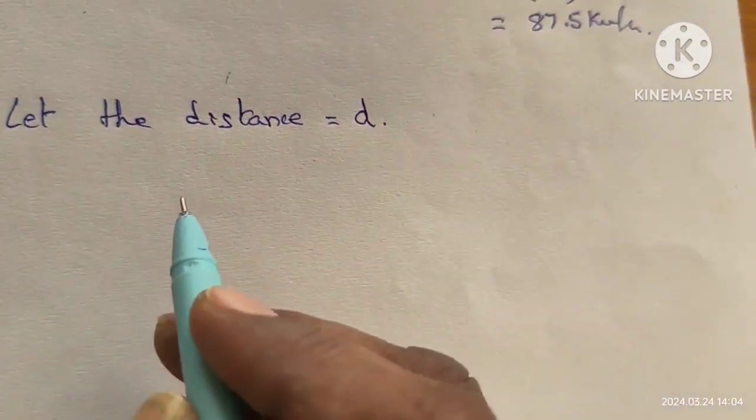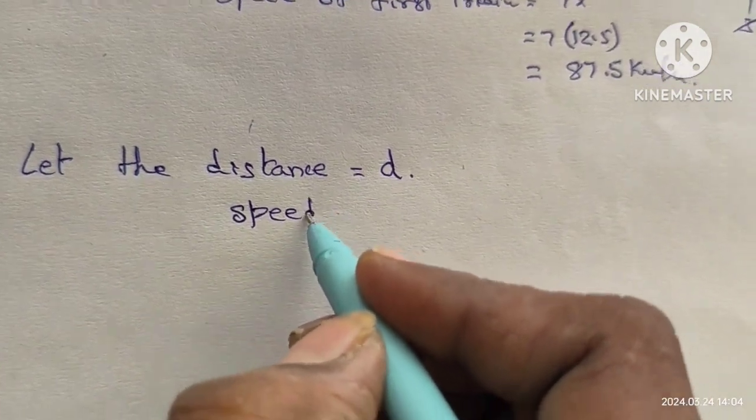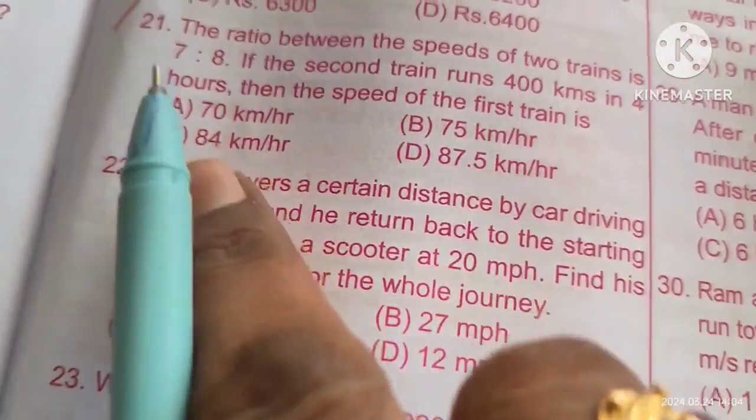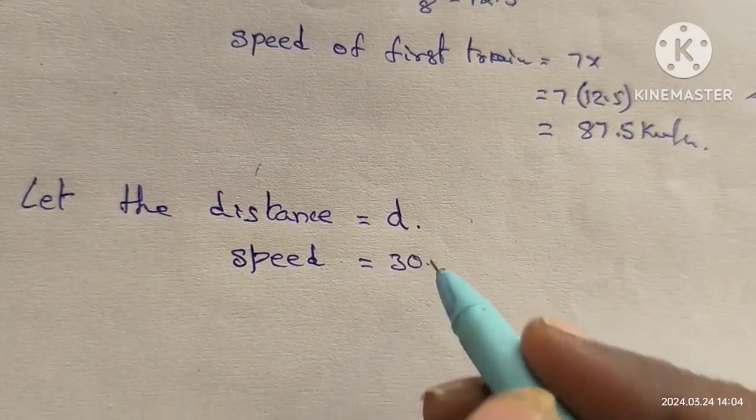Take it as d. Now the speed of the car, while he is going, is given as 30 meters per hour. So the speed is 30 meters per hour.